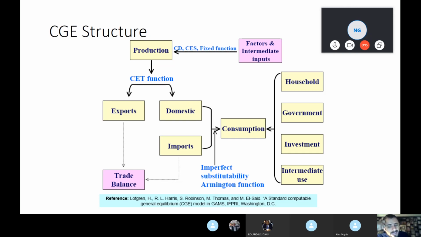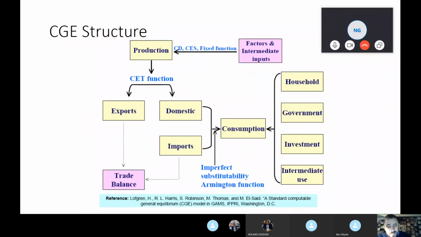And then with our domestic goods, we have also imports that come from the rest of the world. So domestic goods and imported products will represent the total supply available on the domestic market, and both can be imperfect substitutes.